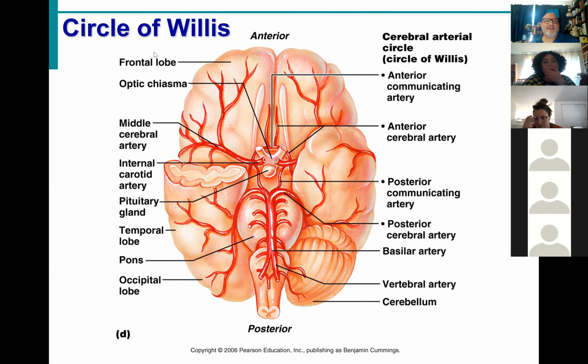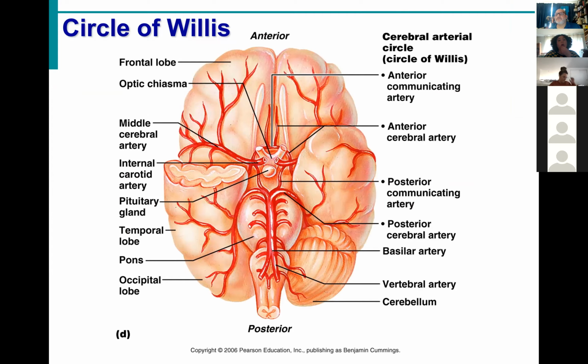Let's take a look at some of the general pathways of blood in our brain. There are basically, and I'll do this in dark red, three primary routes that blood gets to our brain.